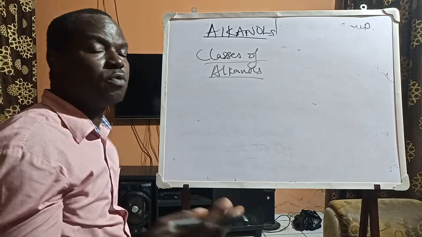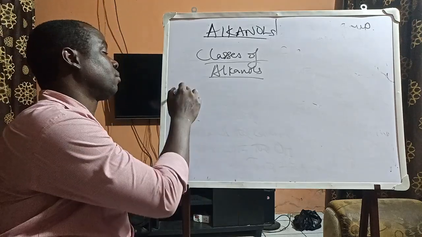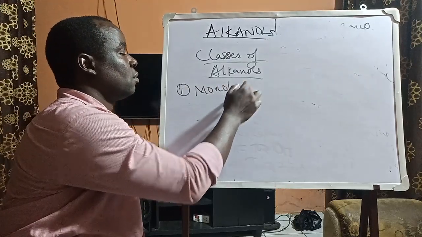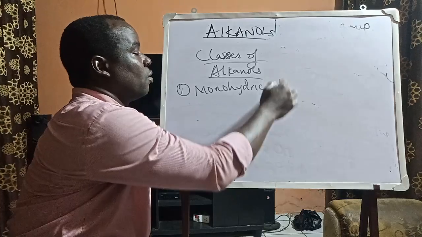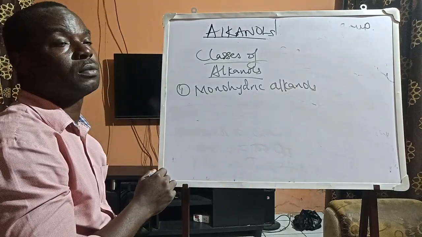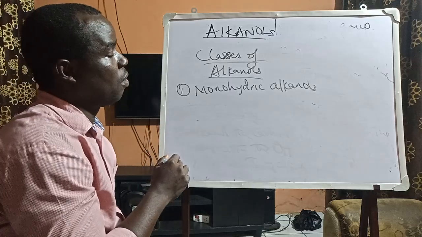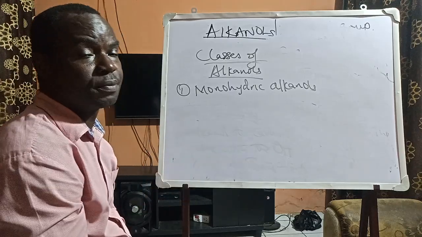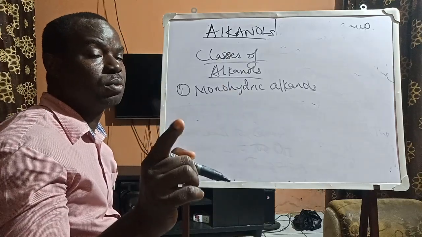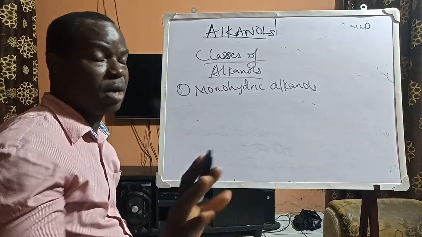We have 4 classes of alkanols. We have monohydric alkanols, let me explain them one by one. Monohydric alkanols, they have 1 OH group. I'll be very simple about that.